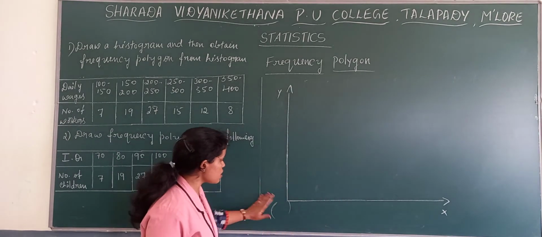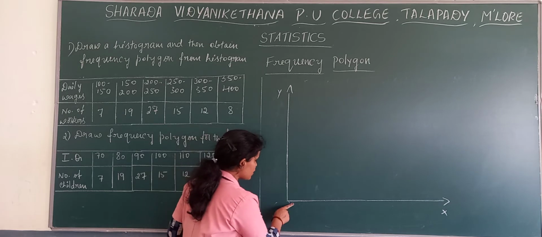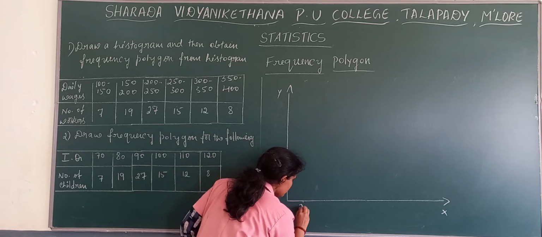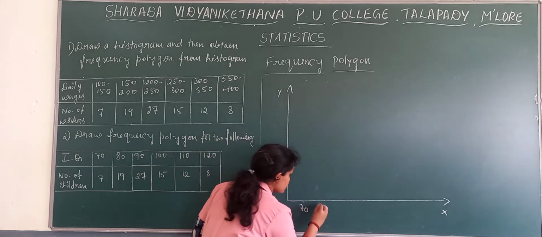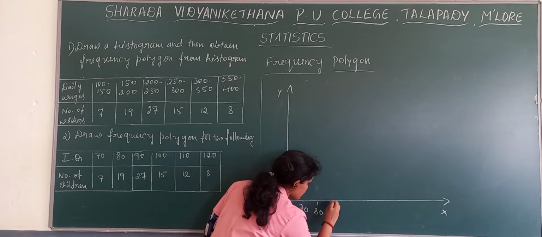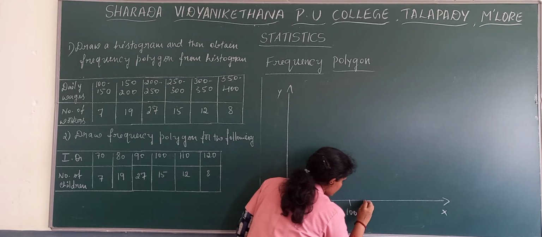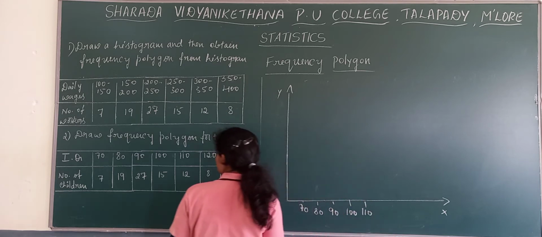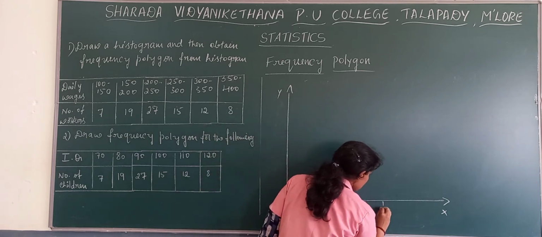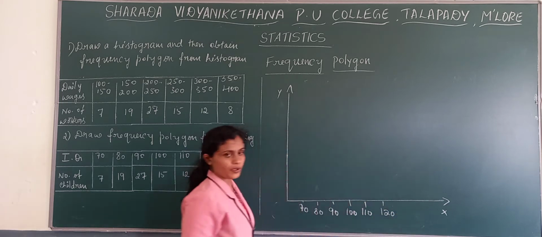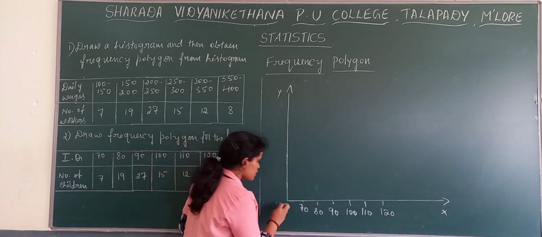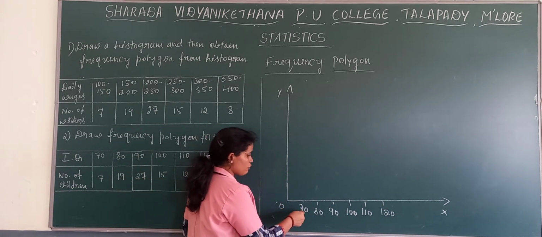That also you can do, but instead of that, we can take 70 directly. So 70, 80, 90, 100, 110, then 120.